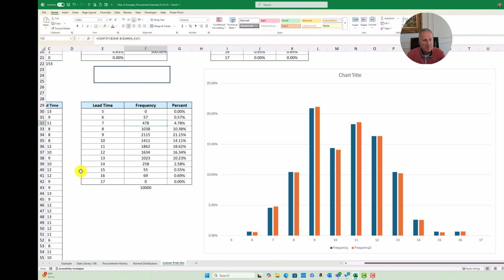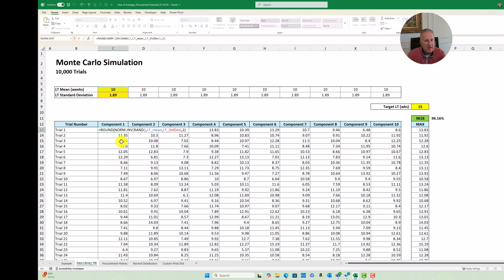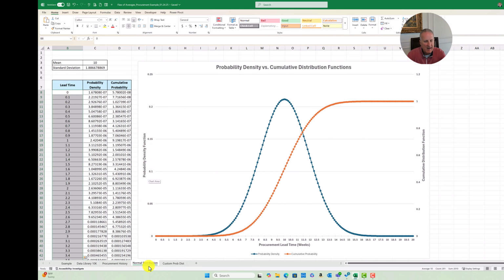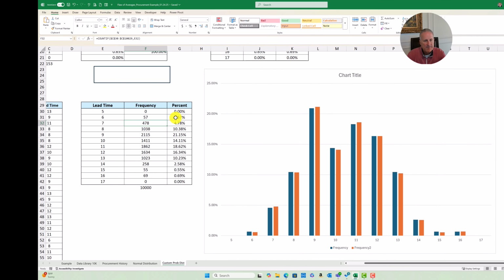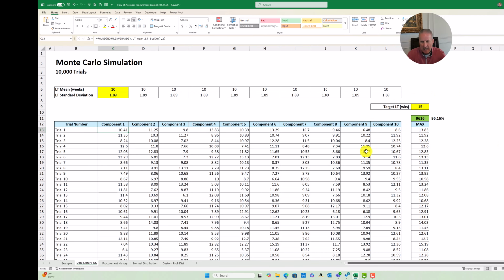So instead of a standard normal distribution, I would use the exact same procedure, but instead of this norm.inv, I would use my custom probability distribution right here for each one of those 100,000 trials, and we would likewise use the same function you did here for finding the maximum.